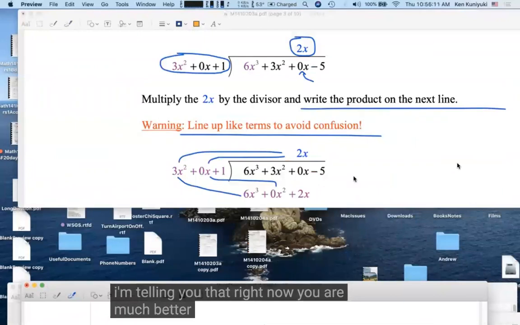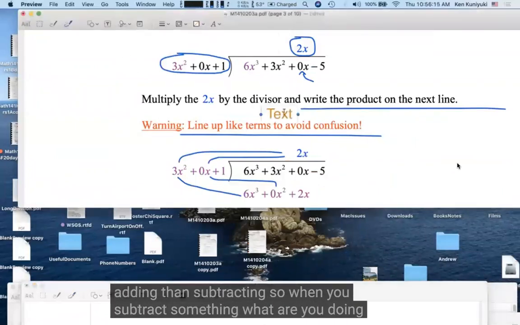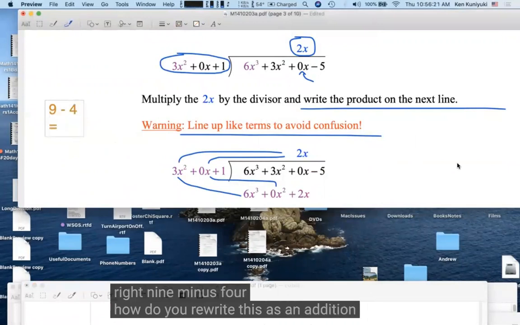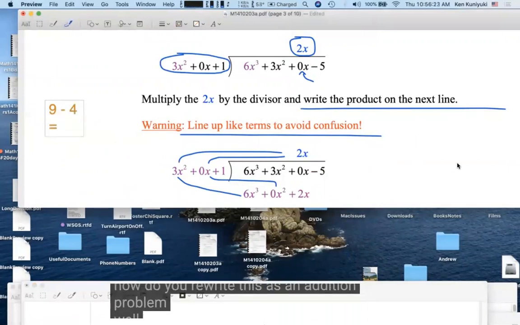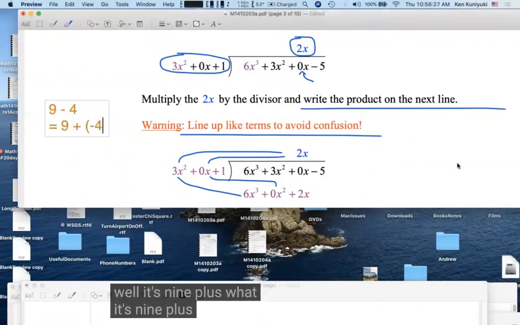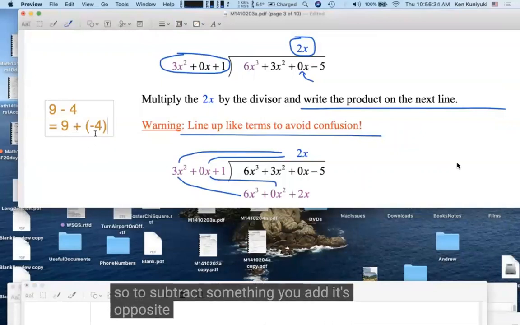So when you subtract something, what are you doing? 9 minus 4. How do you rewrite this as an addition problem? Well, it's 9 plus what? It's 9 plus negative 4. So to subtract something, you add its opposite.